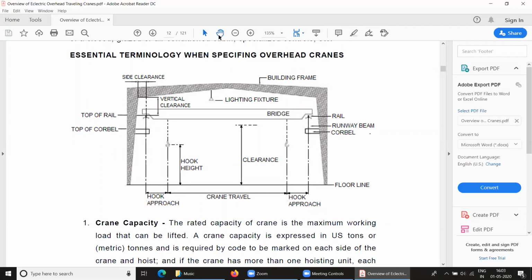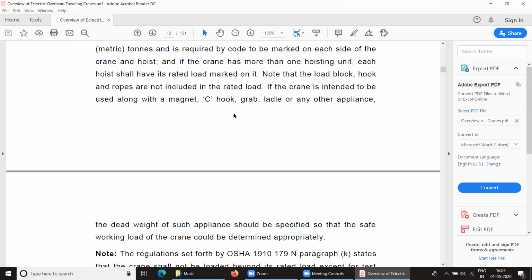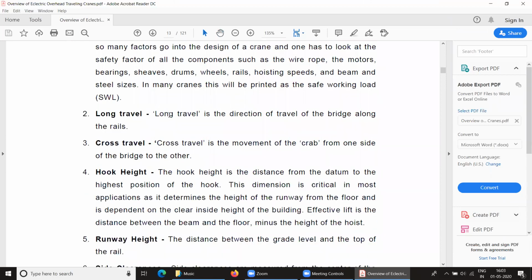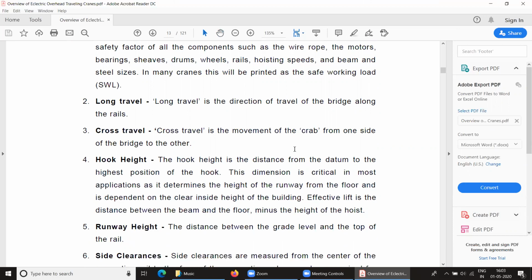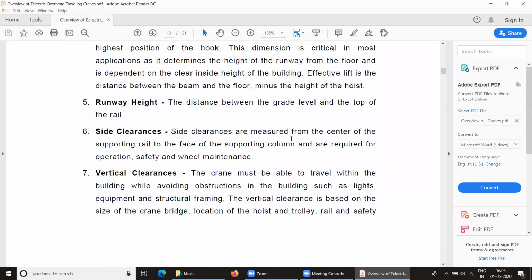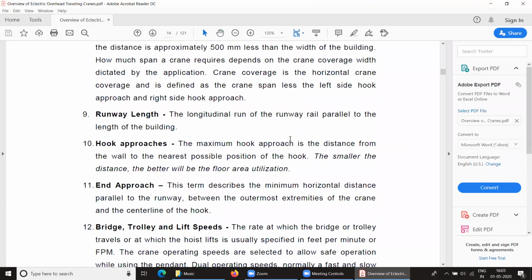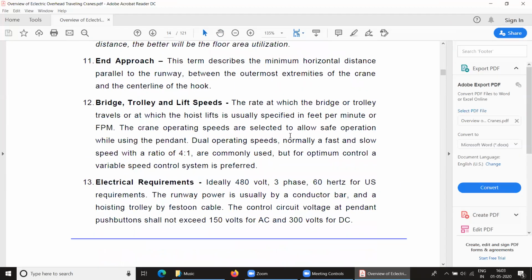So there is something called crane capacity, and the long travel, the direction of the travel for the bridge along the rails, cross travel, hook height, runway height, side clearance, vertical clearance, clear span, runway length, hook approaches, end approach, bridge, trolley, lift speed, electrical requirement.